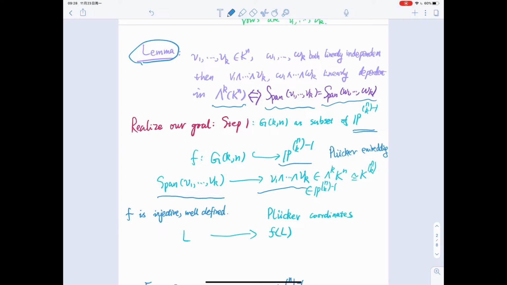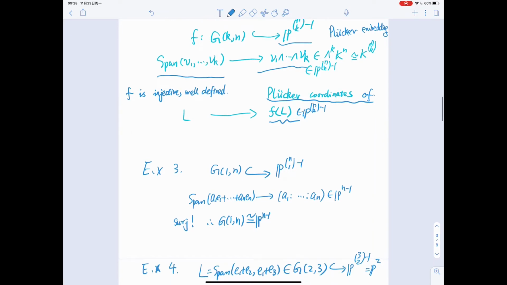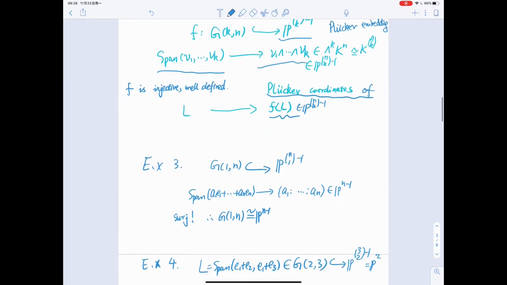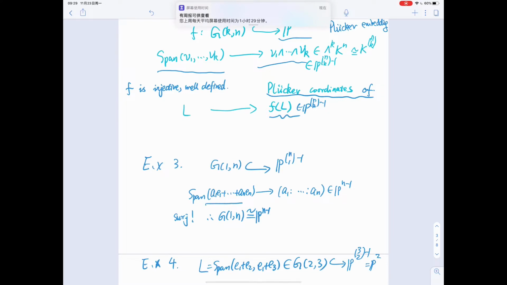For any k-dimensional linear subspace L, the coordinates of F(L) in the projective space are called the Plücker coordinates of L. Next example, we show the Plücker embedding of G(1,n) is simply a map from the linear subspace, the span of this vector, to the coordinates in the projective space.